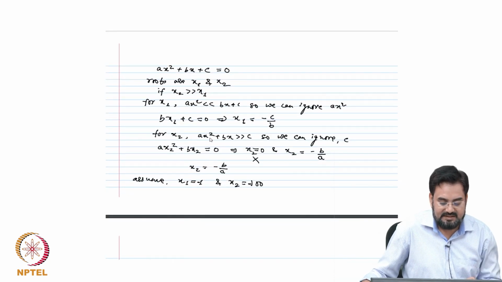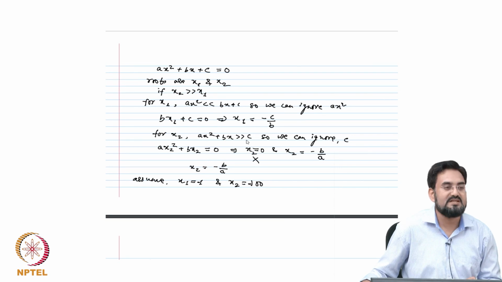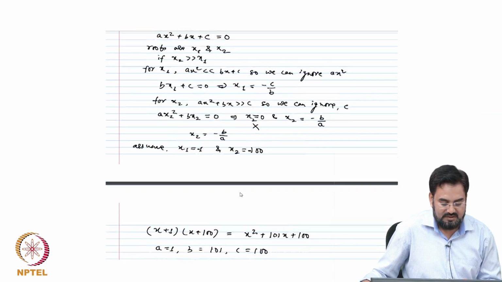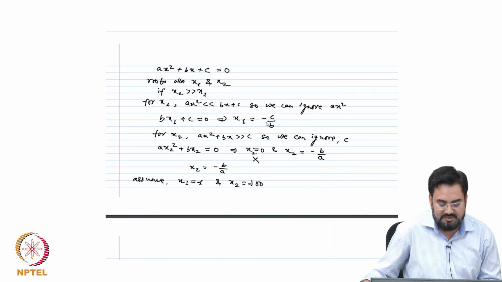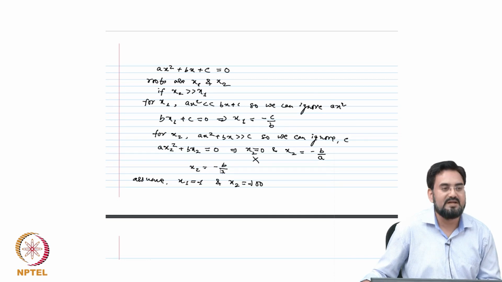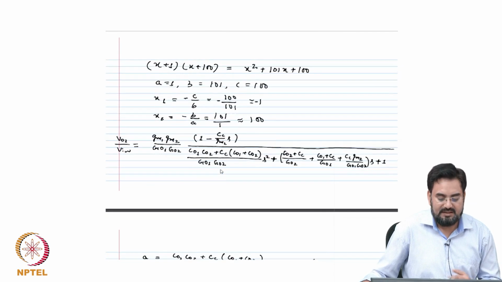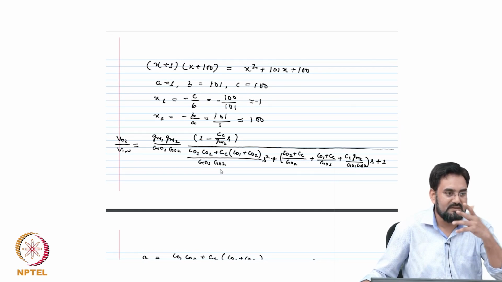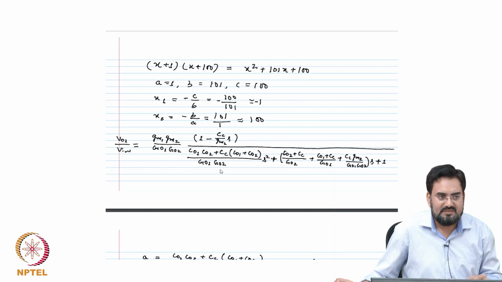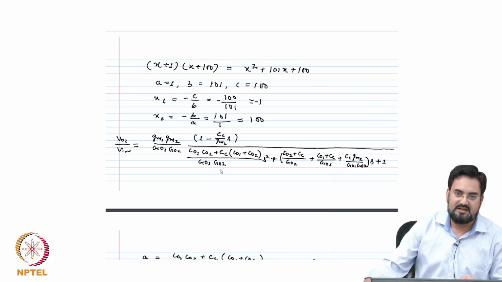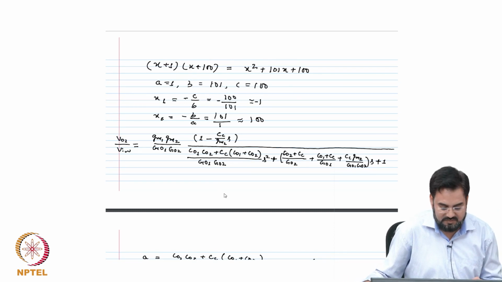For the second root, since x 2 is much larger, x square plus bx will be much larger than c. So, in that case you have to ignore c, and from there you will find the second root. So, that is how you find. x 1 will become minus c over b and x 2 will become minus b over a, and otherwise you can never find the roots of this by using minus b plus minus square root. Using that, it is very difficult, it will take forever to do that.